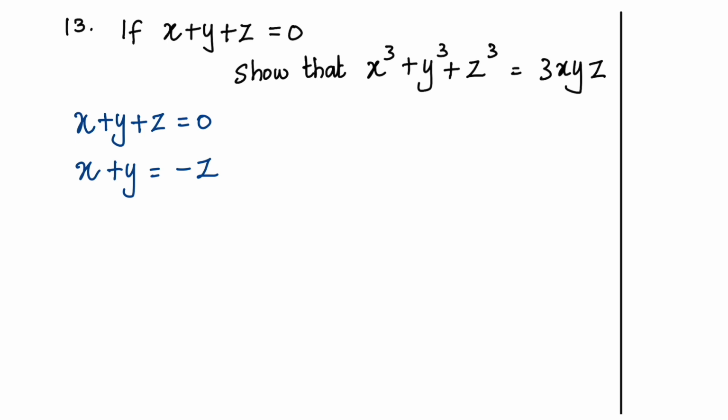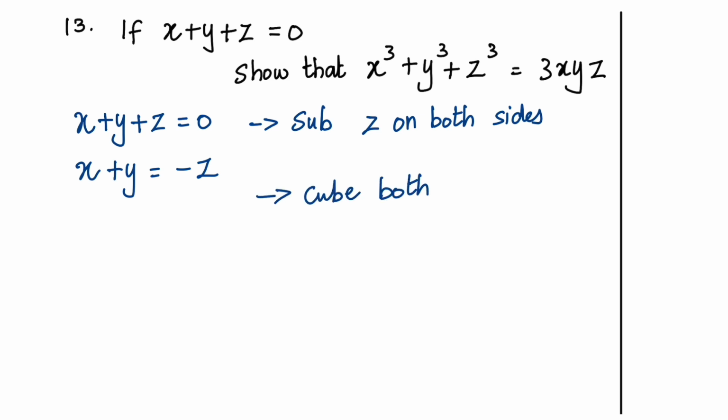Now what you are going to do is, we need cube terms, right? x cube, y cube and z cube. So we are going to cube both sides. Okay. In this step you have subtracted z on both sides. In the next step you are going to cube both sides.